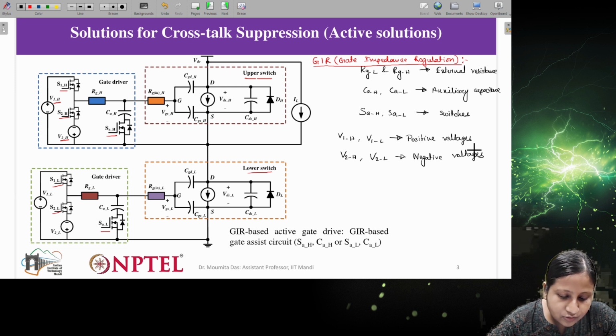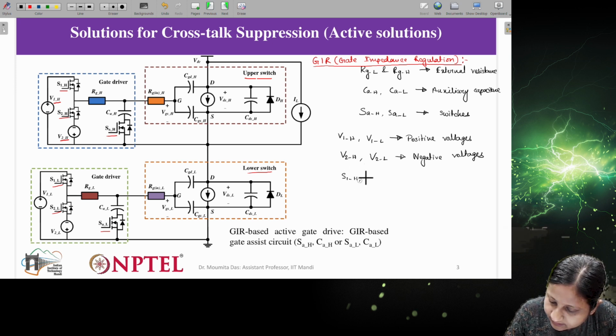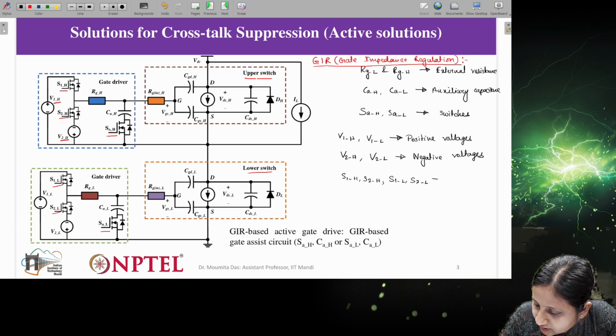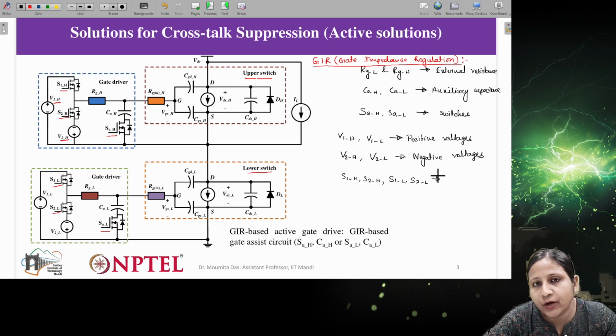Now you can see the normal switches S1H, S2H, S1L and S2L. They are basically gate driver switches connected to the gate driver network, in order to provide charging of the capacitor and charging of the input capacitor of the switch.